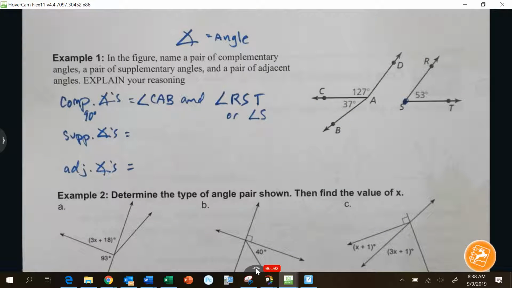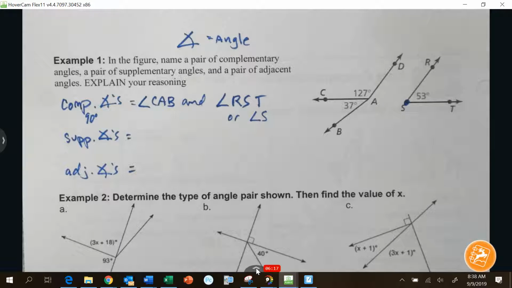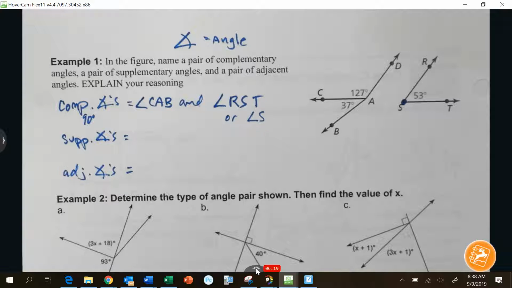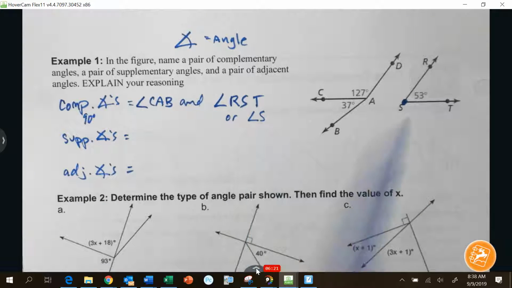It's only that one. I guess you could call it angle S. Yeah, you could. It's the only one. But if it's attached to another angle, you couldn't. So you can use angle S for this one, yes. If you're not sure, then just use 3 letters every time. But you could name that one angle S.